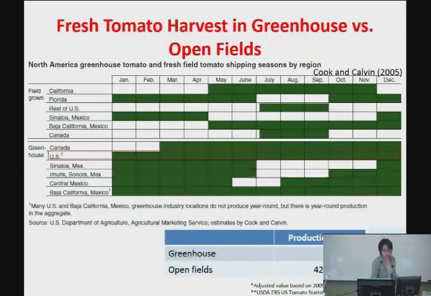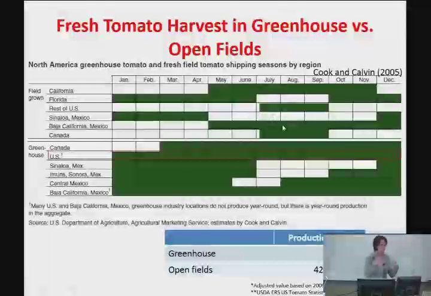Okay, the same kind of information for tomato. Again, greenhouses, particularly U.S. greenhouses and also Mexico's Baja California, can do year-round production of tomato. But in the field, you have to combine California, Florida, and Mexico, and also Canada, to supply year-round.